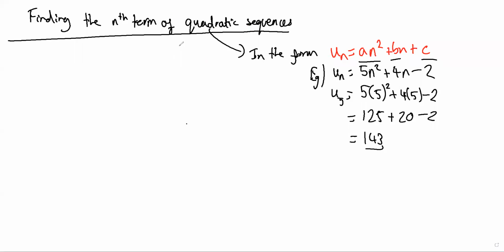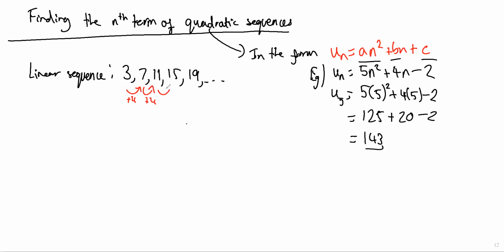Now, for a second, I just want to show you why they differ from linear sequences. A linear sequence is another kind of sequence that you need to know how to find the nth term of. And this is an example of a linear sequence. You can see that it goes up in 4 every time.